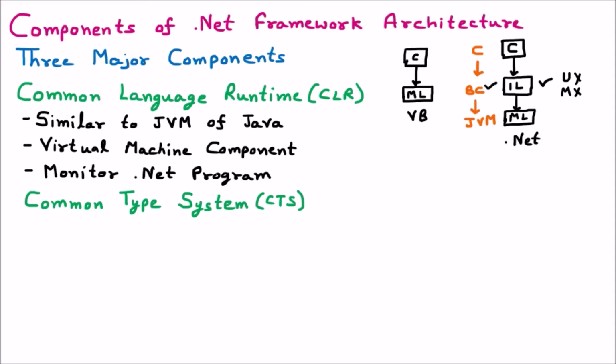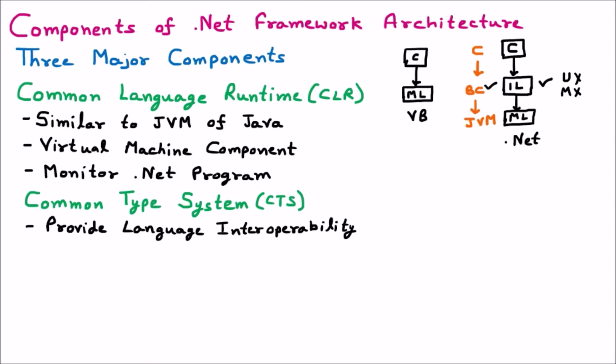So one code that I write, I can use anywhere, and this is only because their types are the same. That's why it is called the CTS, which is taking care of all the types. So we can say that the CTS, or the Common Type System, provides language interoperability, because the types are the same.